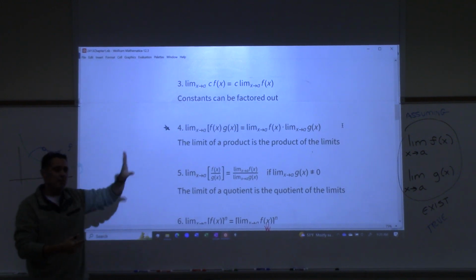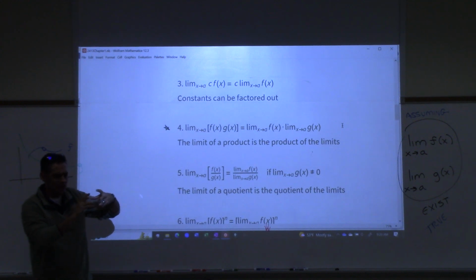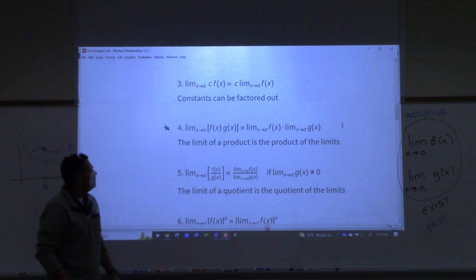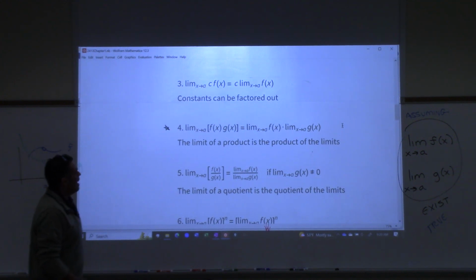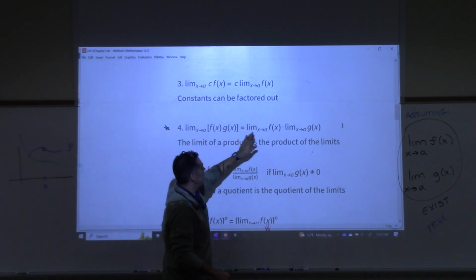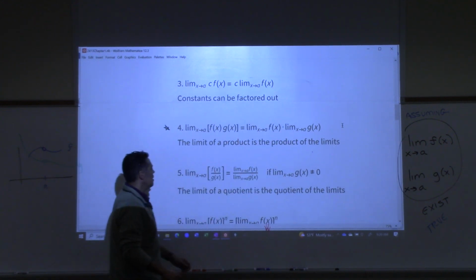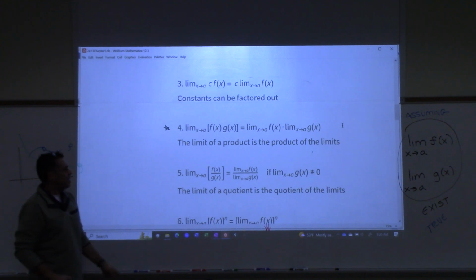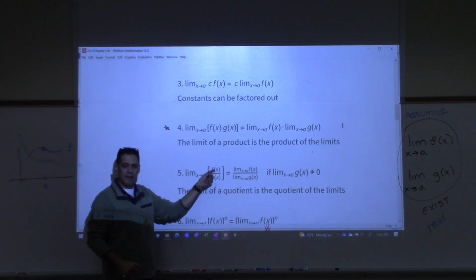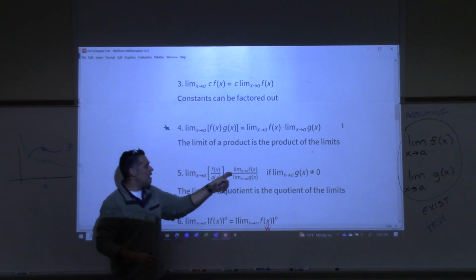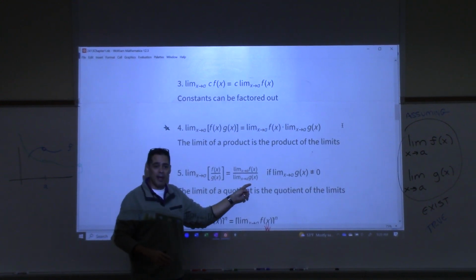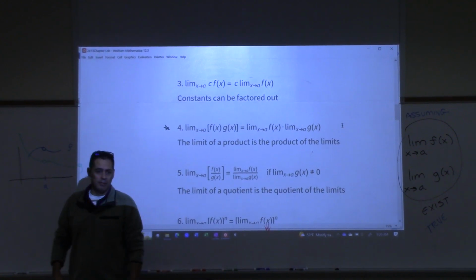And when I do the examples, I'll refer back to the laws, and it'll all start to make more sense. So this just allows us to take a product and split it into two limits. The fifth law says if you have a quotient, a division of two functions, and you want to know the limit, you're allowed to look at the top and bottom separately. Again, take the limit of the top, limit of the bottom. You're free to do that.